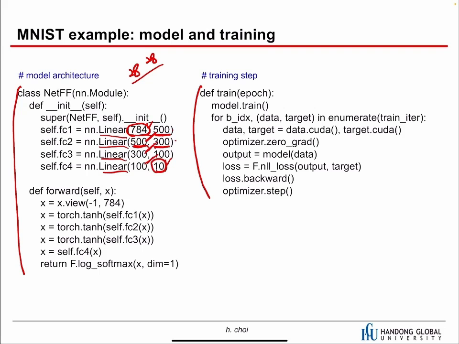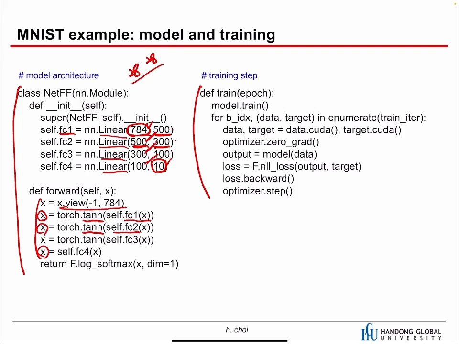In the constructor, we define the network architecture, but in the forward propagation, we make the connections. X is the image, so we vectorize this image and apply first a fully connected layer, then apply the hyperbolic tangent as a nonlinear function, and now we have X. Then we apply the second layer with the hyperbolic tangent, so we have X, and so on.